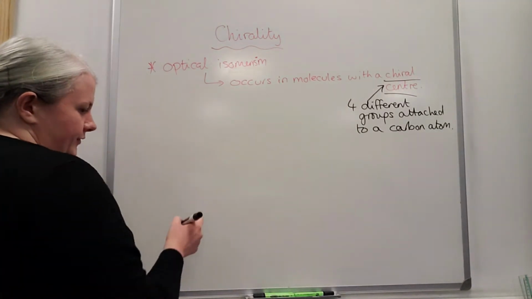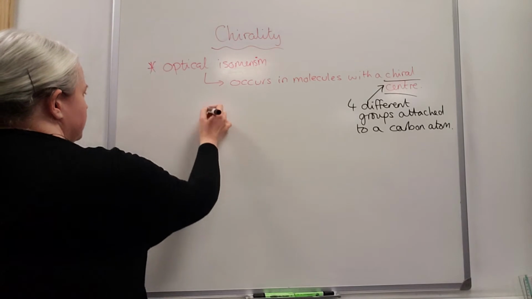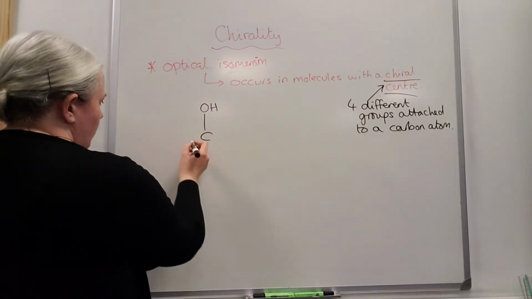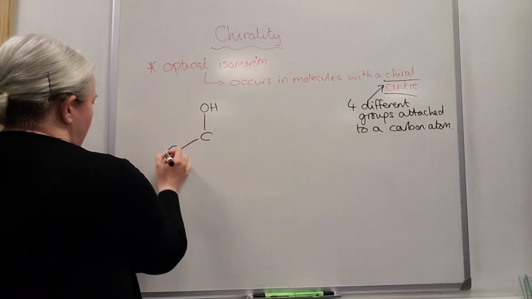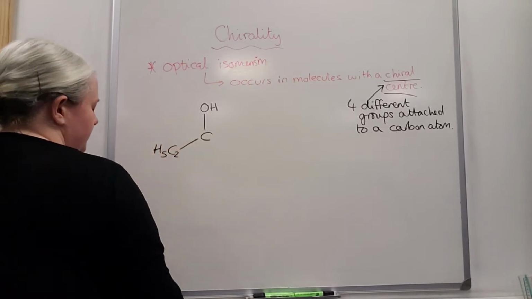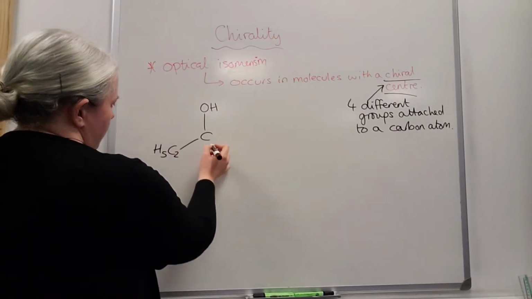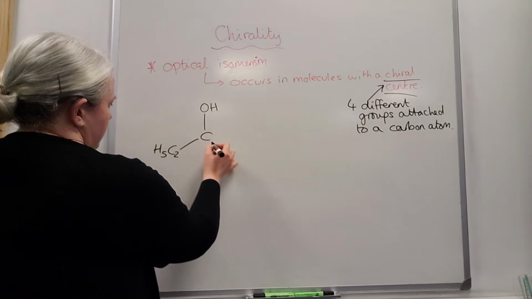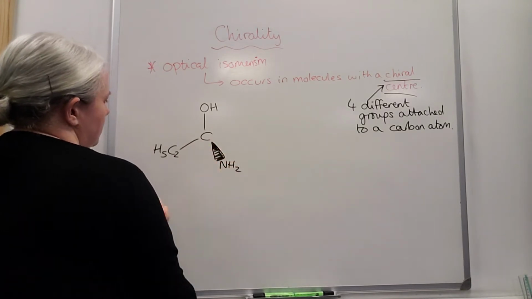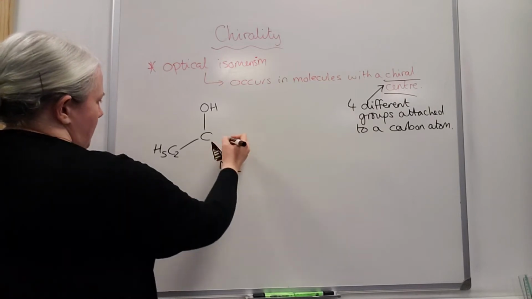So if we've got here a carbon atom with an alcohol group, we could then have C2H5. Then we could maybe have an NH2 group coming off, so an amine.